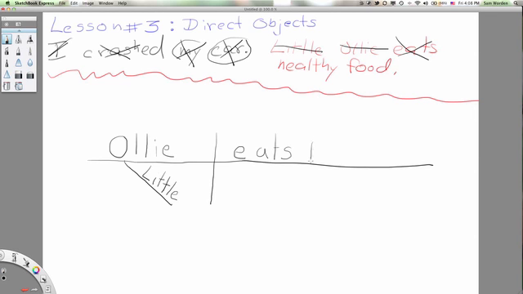So it takes a direct object. Put the straight line here. Food comes next. Cross that off. Always being careful to do our part. What kind of food is it? Like we've just said, it's healthy food.